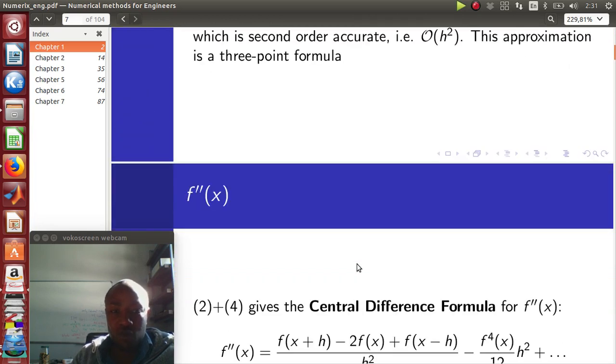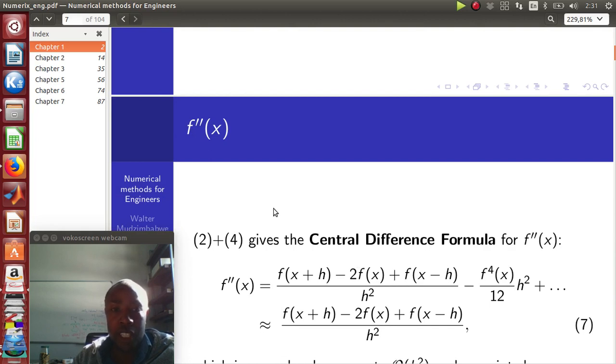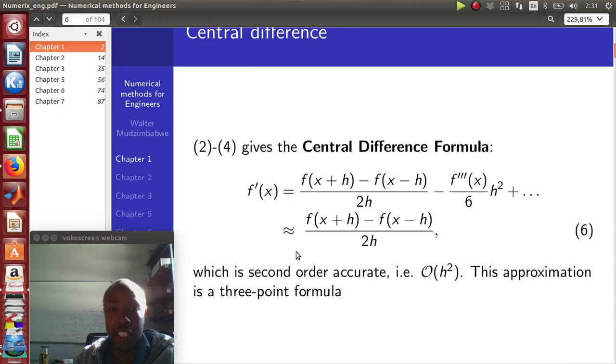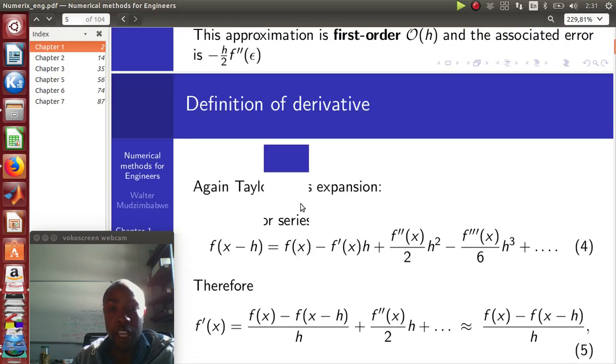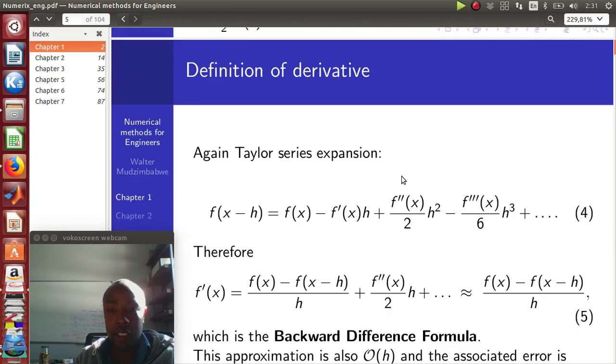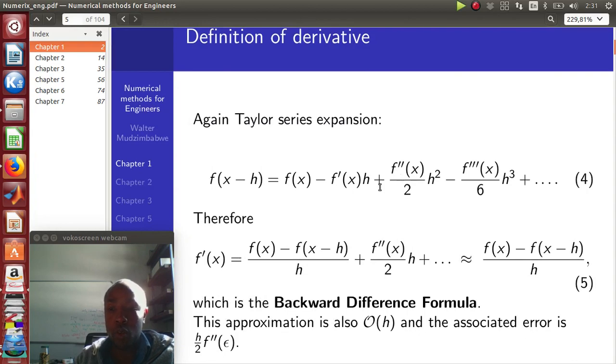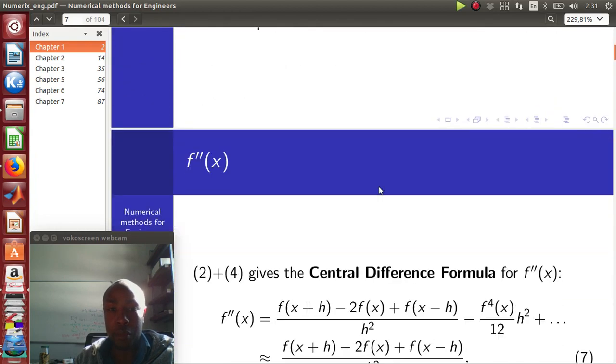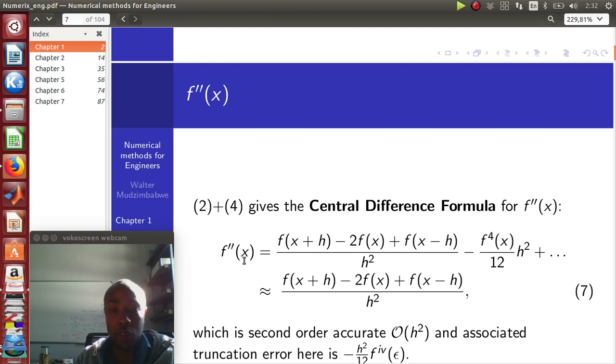Now you can also approximate the second derivative. How would you do that? Now in this case you are going to add 2 and 4. Remember, here we subtracted and got the first derivative. If you add 2 and 4, you are going to get an approximation for the second derivative.